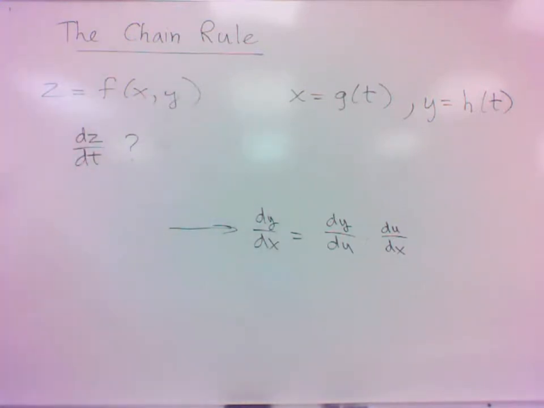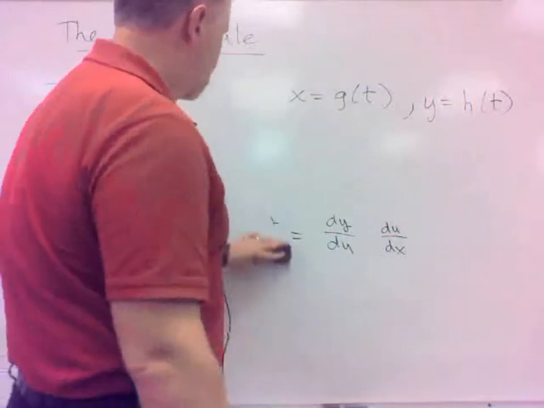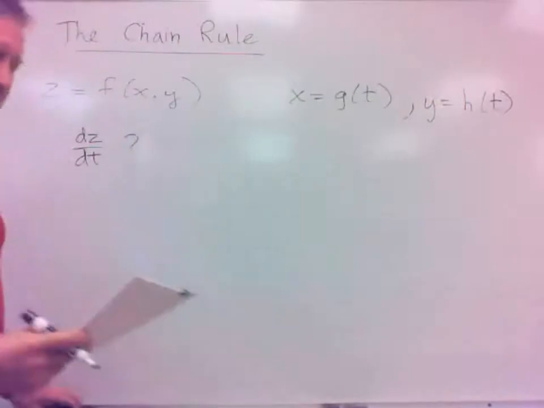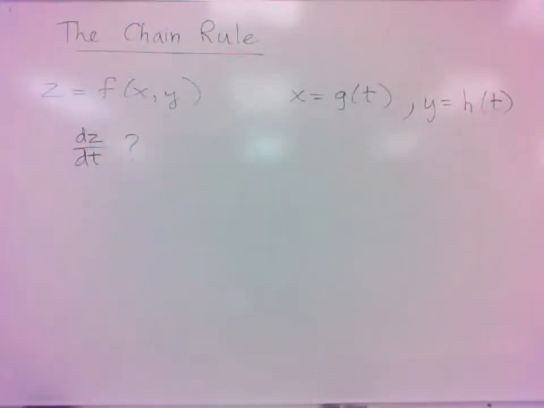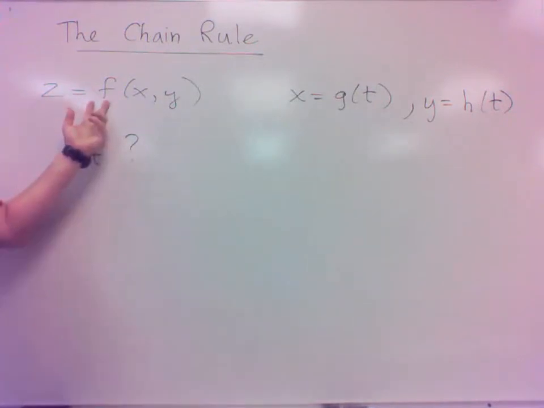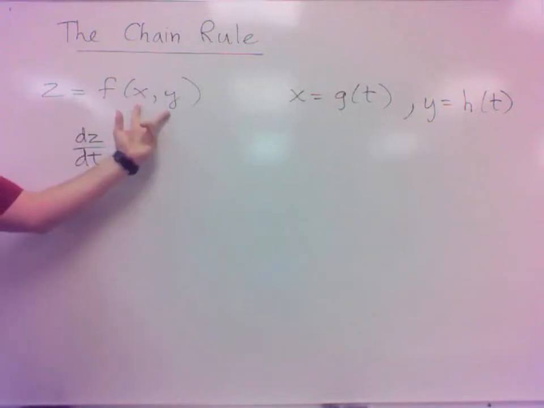So that's what we want to come up with as a way to determine dz/dt, the derivative of z with respect to t, given this stuff here. And that, again, is an inside-outside thing, because if you think about it, we've got z as a function of x and y, but then x and y are themselves functions, and so you've got inside functions here, right?